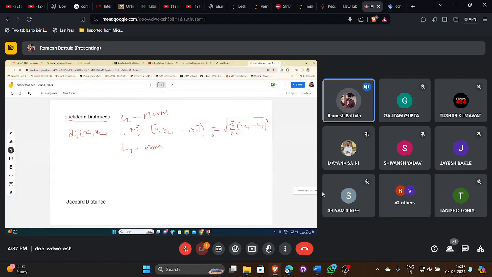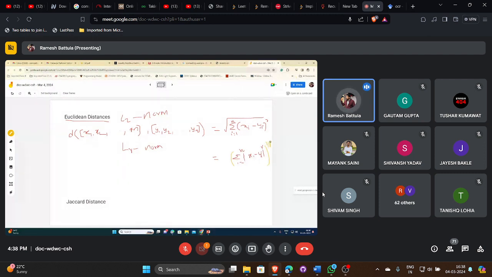For the LR norm, we write the same equation with R: summation of i equal to 1 to n of (xi minus yi) whole to the power r, closing this bracket, and the whole thing to the power 1 by r.